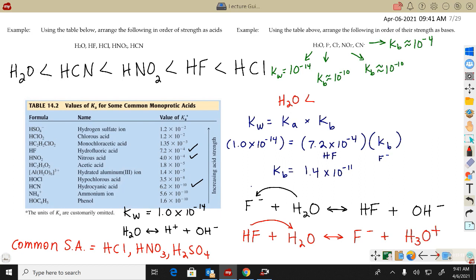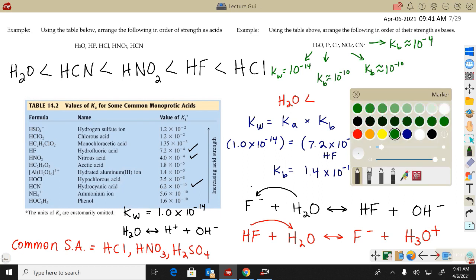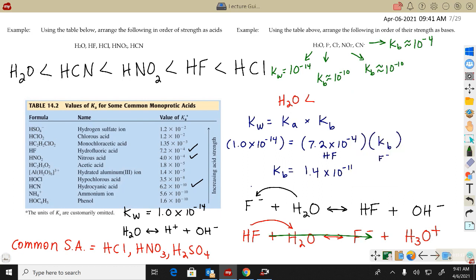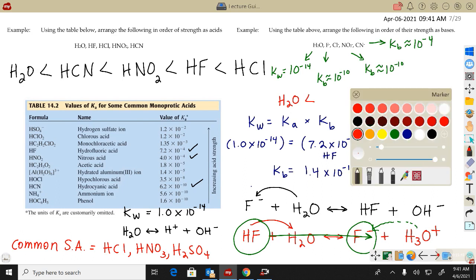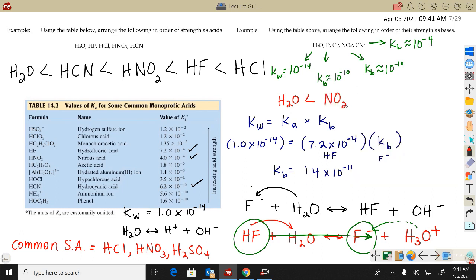Awesome. Okay, so if this reaction has a higher tendency of going forward, it means that the acid is stronger than its conjugate base. If the fluoride ion were a good base, then it would take the hydrogen back from the hydronium and shift it in reverse. But if you have a stronger acid, then it favors the forward a little bit more. But now if NO2 is a little bit weaker acid, it means that its conjugate base is a little bit stronger.